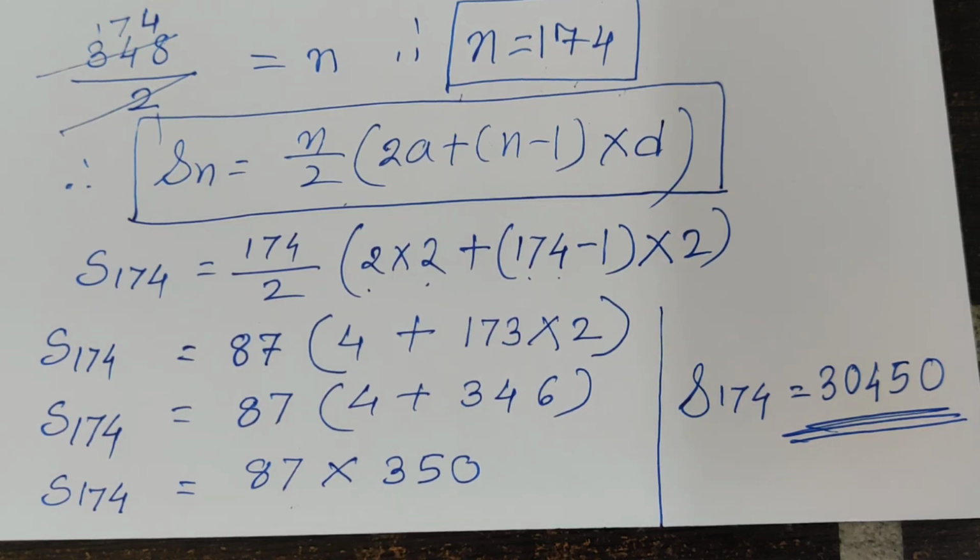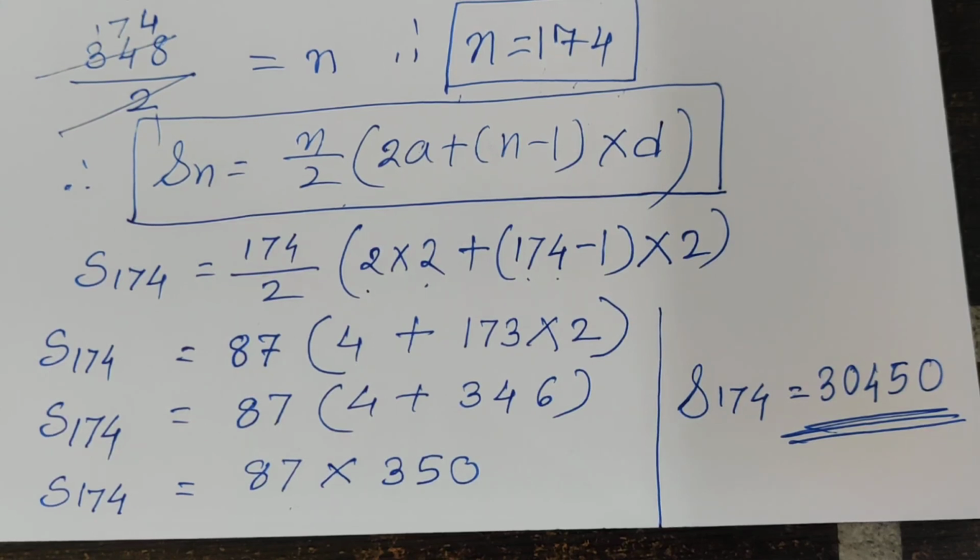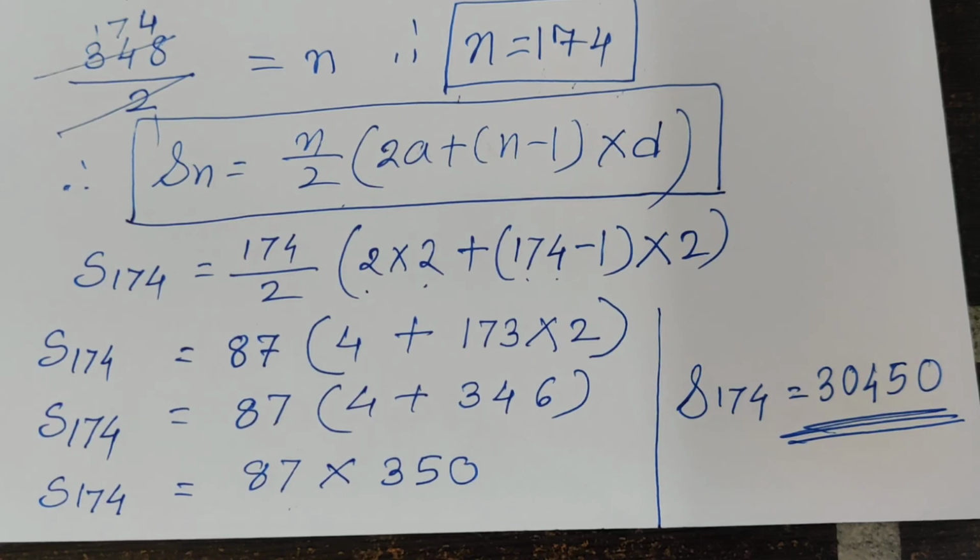So the example is easy, only the calculation is important, and which formula you will use in which place is important. For that you have to keep on doing revision. Unless you do revision, you cannot be perfect in this. So you have to do the revision again and again. Thank you.